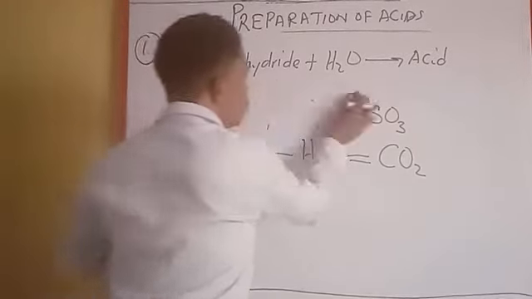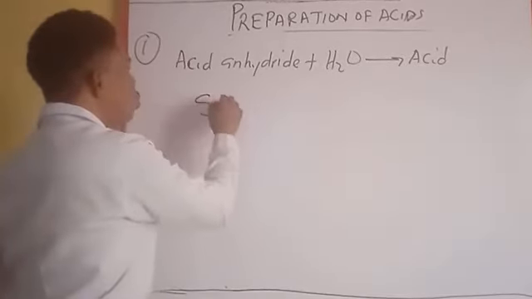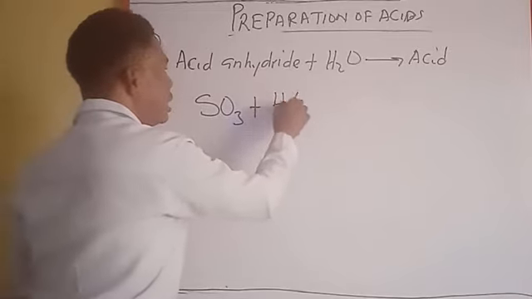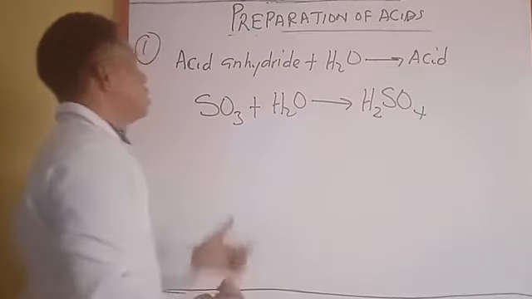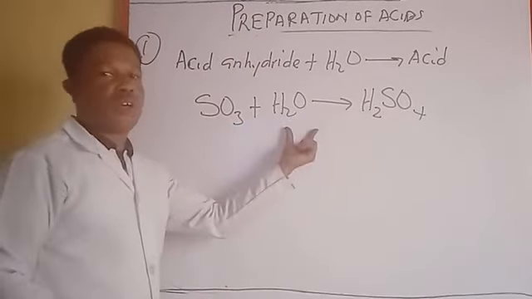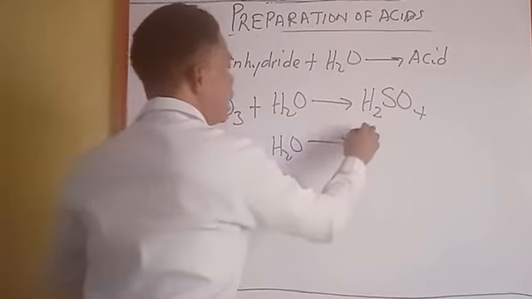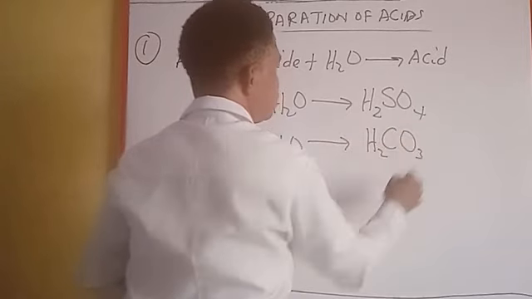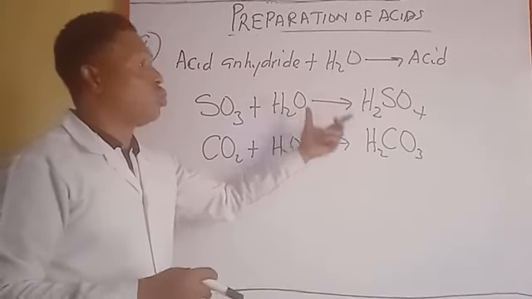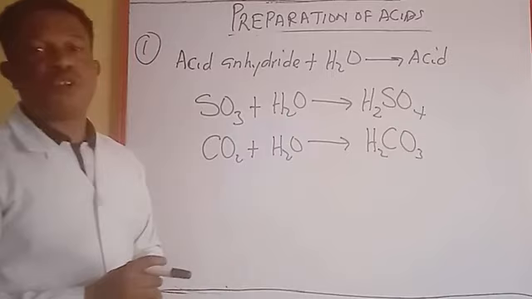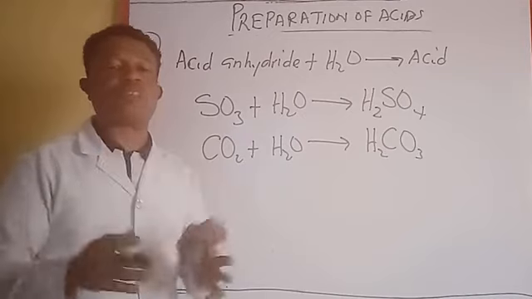For example, if I have XO3 plus water combined, I will get H2XO4. This is acid anhydride plus water. Also, when I have carbon(IV) oxide plus water, I will get the acid H2CO3. So this is what we call the reaction of acid anhydride plus water to give you the acid.